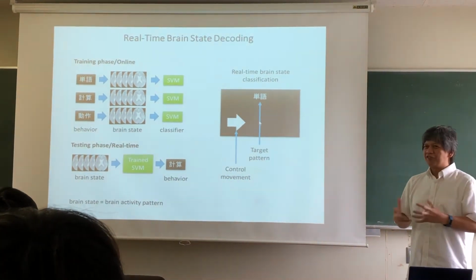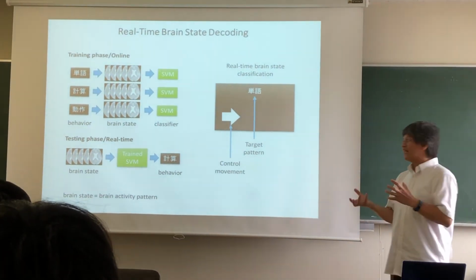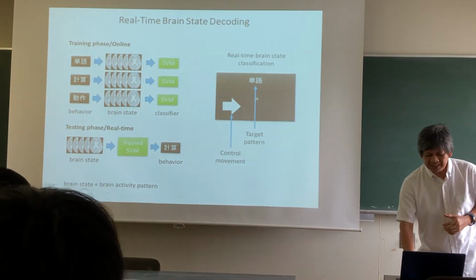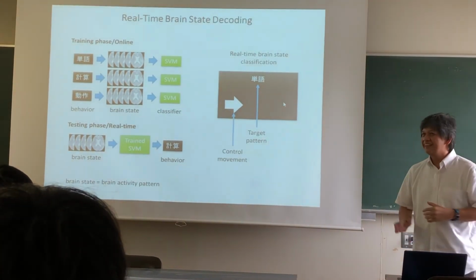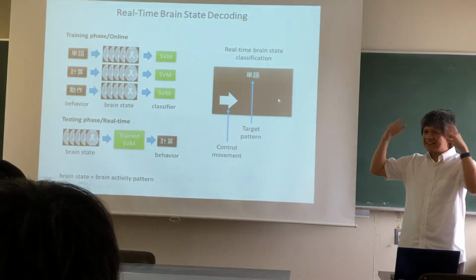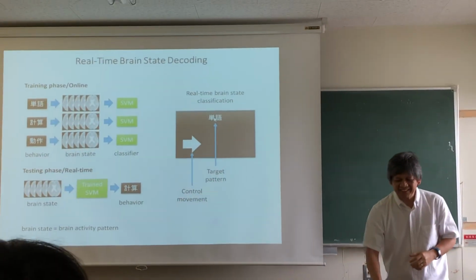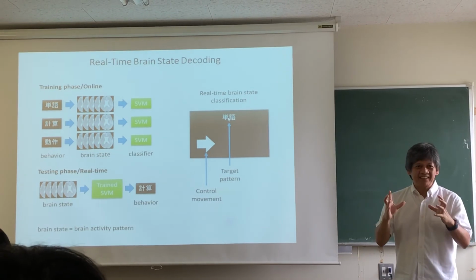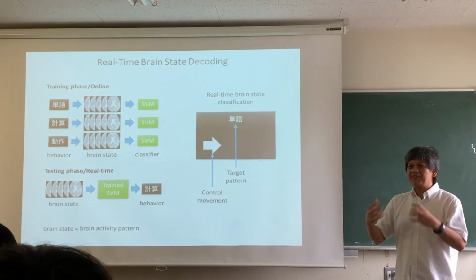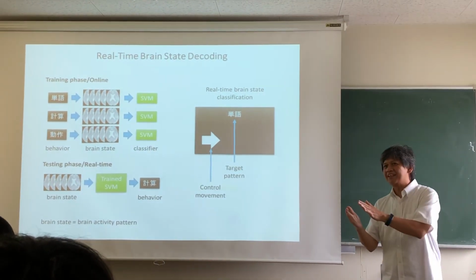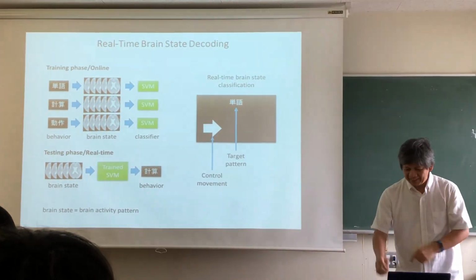Okay? So we ask the participant to move this arrow to the right by making sure that whatever the target brain state is, the current brain activity of the participant is the same as the target. Does it make sense?